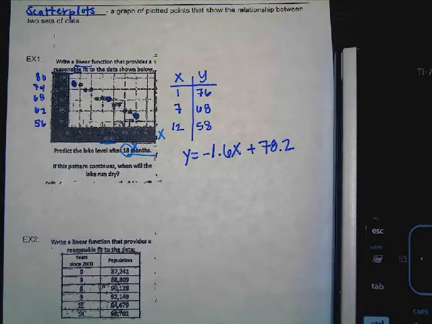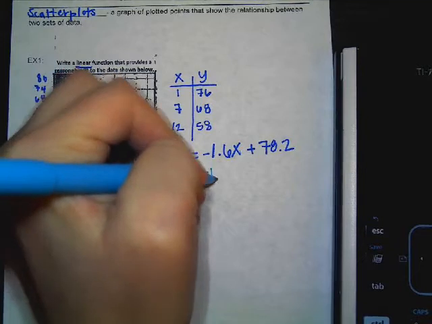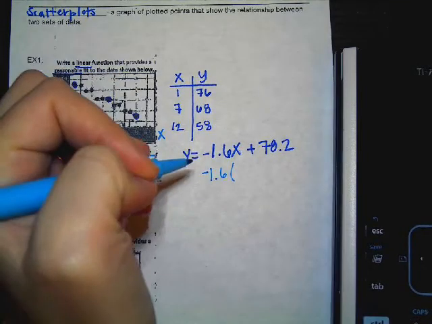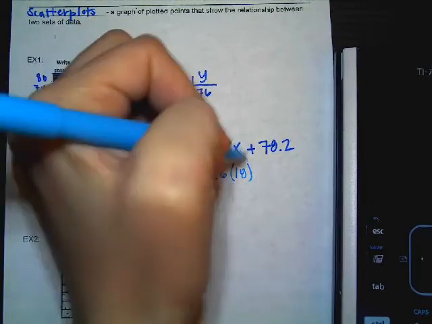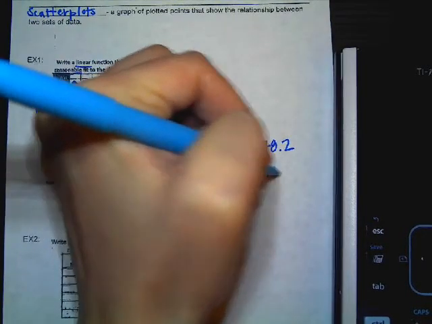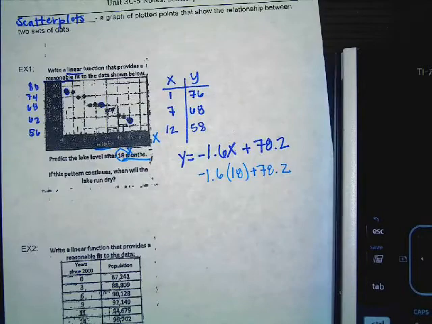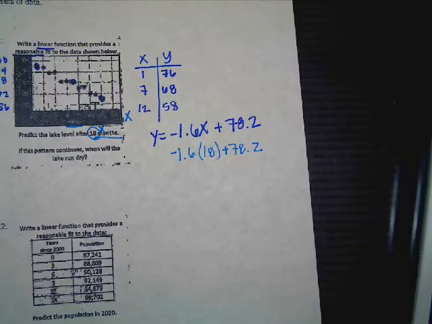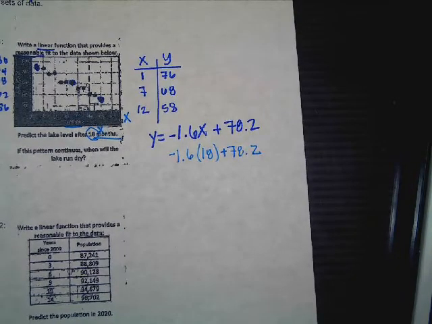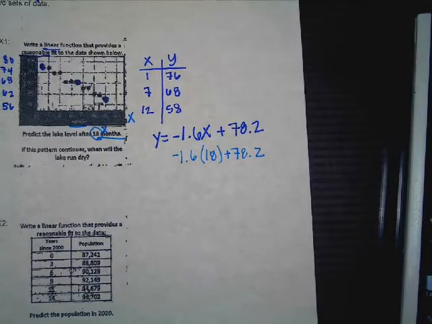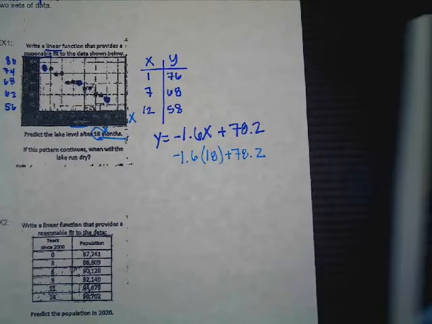Plug it in to the x. So negative 1.6 times 18, plus 78.2. Everybody needs to be writing this. Everything that I have on my paper, you should have on yours.